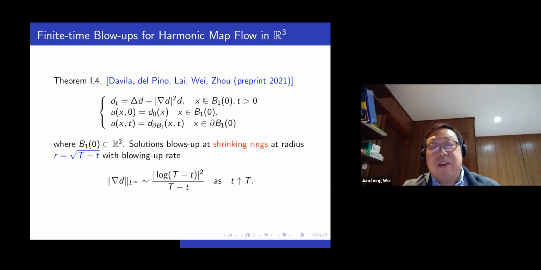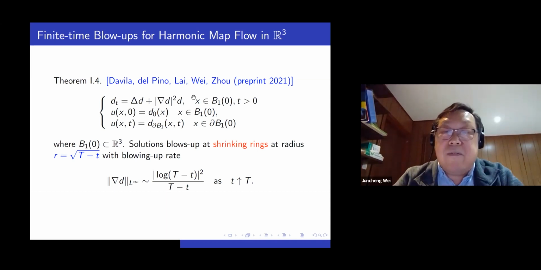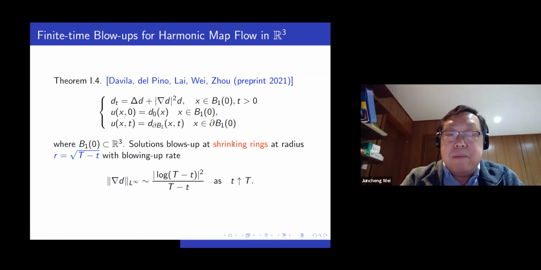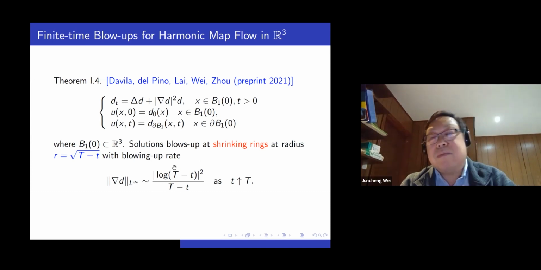And in R3, in dimension 3, you can have another new type of blob, which are the shrinking rings, which are like a point blob, but the point is actually a very small ring. The size of the ring is like square root of T minus t, and the blob rate is like the two-dimensional blob rate. So you find a point singularity in R3 for harmonic map in R3, which has the same blob rate as a two-dimensional blob rate.